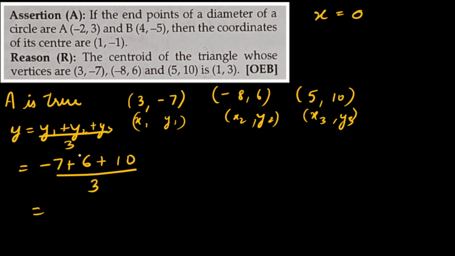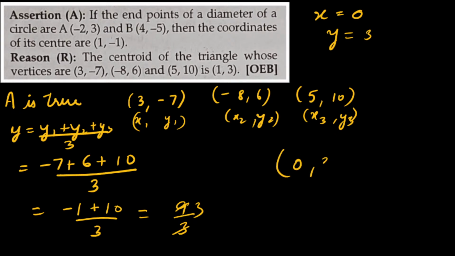So -7 plus 6 is -1, and for plus minus the sign is of the greater number. So (-1 plus 10) by 3. -1 plus 10 is 9, and 9 by 3 is 3. So the y value we got is 3. So the coordinates of the centroid we are getting are (0, 3).